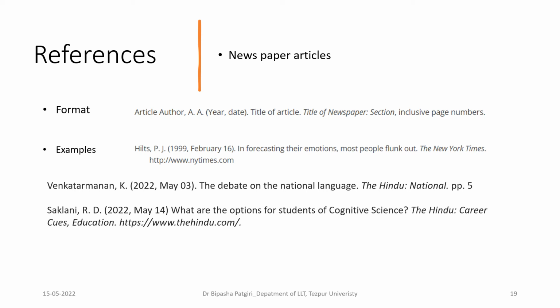This is very important because most newspapers are published daily, so the date is very, very important. In the first case, the debate on national language, The Hindu, it appears not only in The Hindu newspaper, it appears in the section that is National. So that has to be informed to your audience or the reader, and the page number.